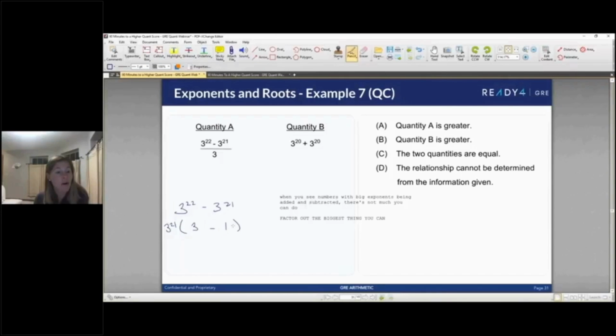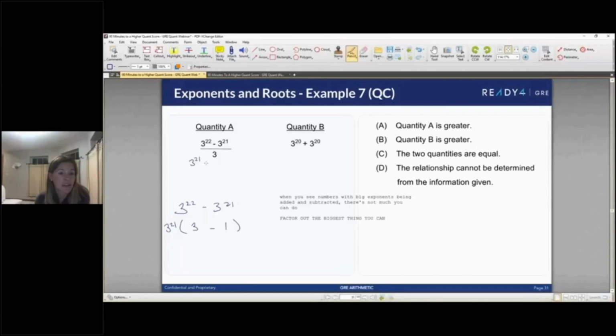If you're not certain about that, you can always put it back and see what you get. If we multiplied this back, 3 to the 21st times 3 would make 3 to the 22nd, and 3 to the 21st times 1 would make 3 to the 21st. So when we factor out 3 to the 21st, we're left with just 3 minus 1.